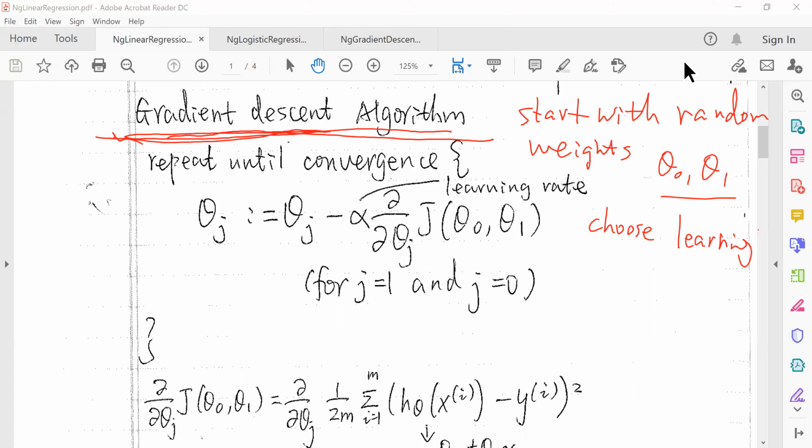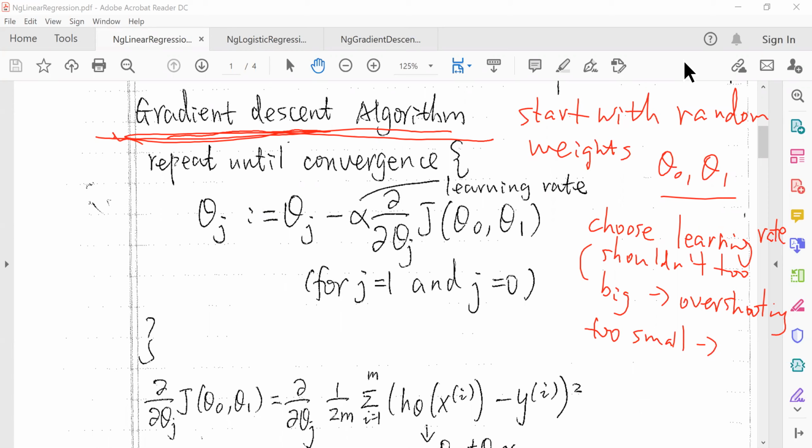Previously we also discussed that the learning rate shouldn't be too big. Too big will cause what problem? Overshooting. And it shouldn't be too small. Why? Because too small means it converges very slowly.